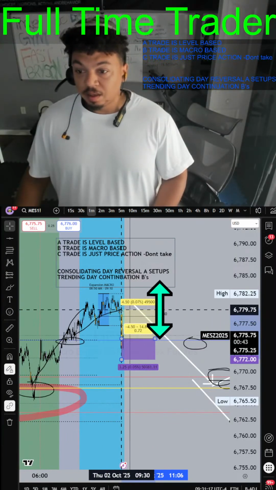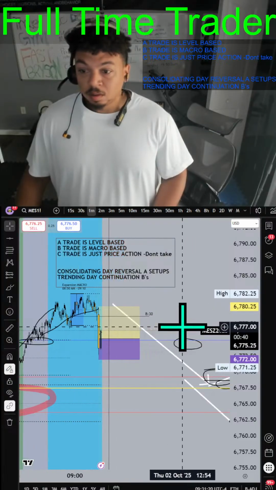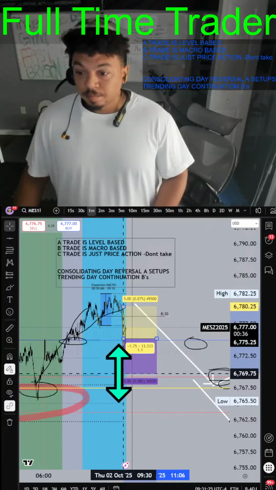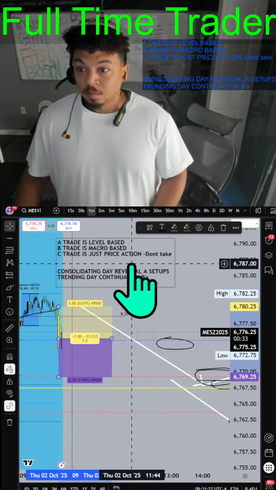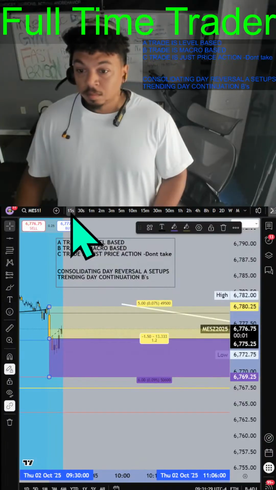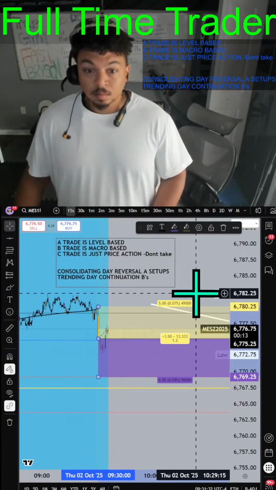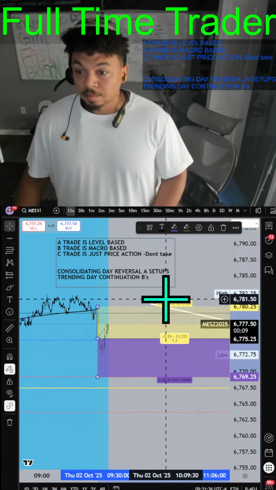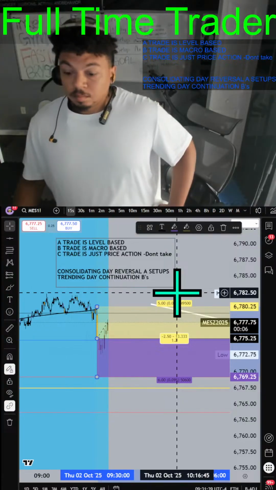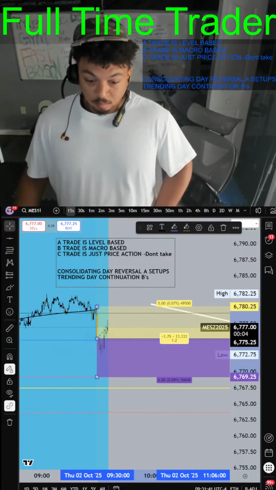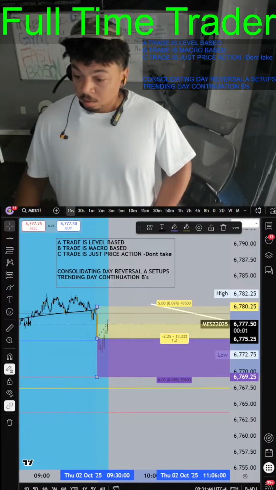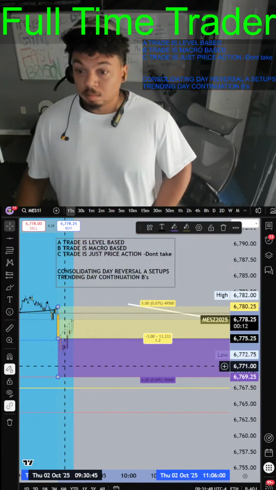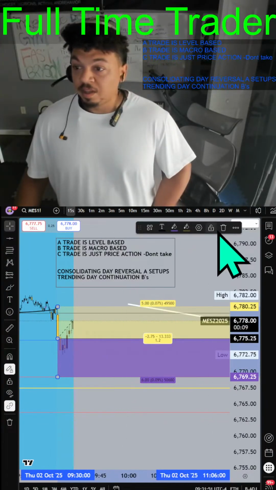Stop would be above the 830 level. Let's see.